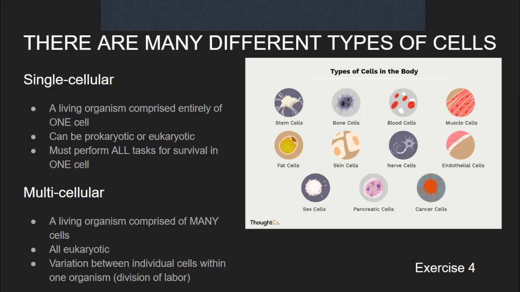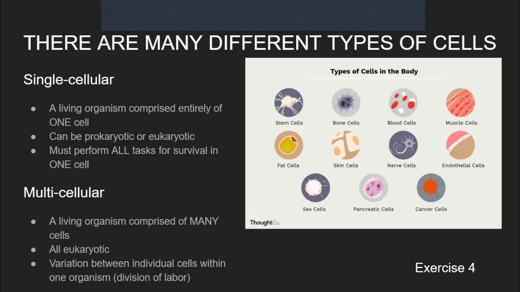But there are other single cellular organisms that are eukaryotic. There's going to be some we call protists, and they are eukaryotic single-celled organisms. So they're going to be different from the prokaryotic ones because just like the plant and animal cells, they have membrane-bound organelles. That's why they're called eukaryotic.